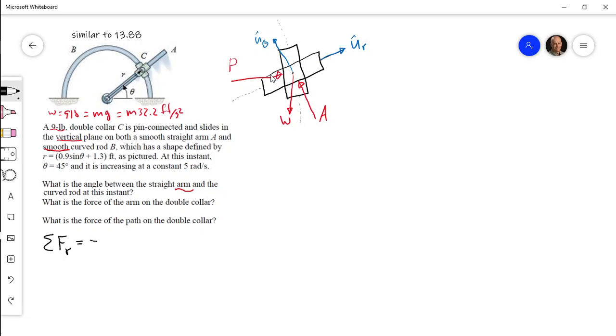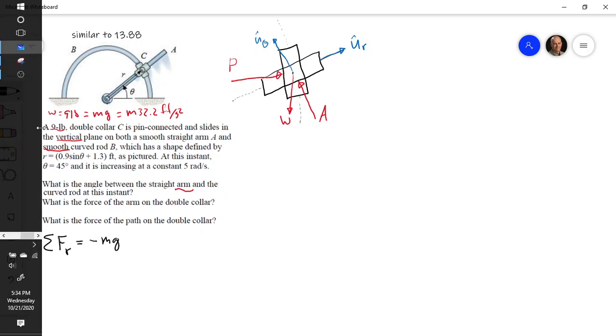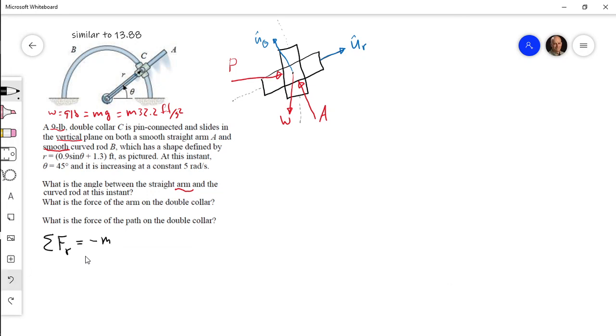So I'm going to say minus mg, I should put in W, because that's what I'm using. And as I tell everyone in class, there should be a one-to-one correspondence between the symbols on your free body diagram and the symbols in your equations of motion.